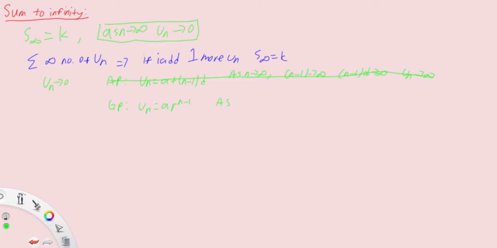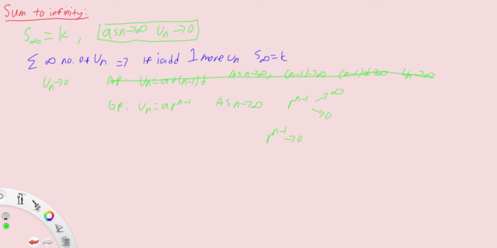How about for GP? As n approaches infinity, r power n minus 1 either approaches infinity or approaches 0. How can r power n minus 1 approach 0?